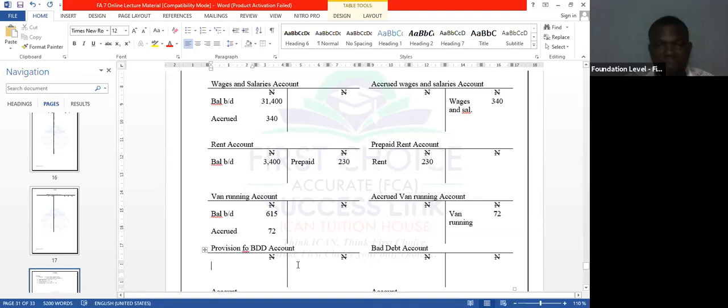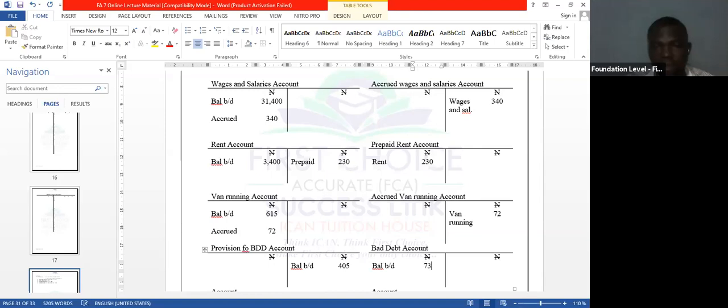We have it balanced, with balance carried down and the total figure of 405. For bad debt as well, we have the balance brought down. What is the amount for that? 730.